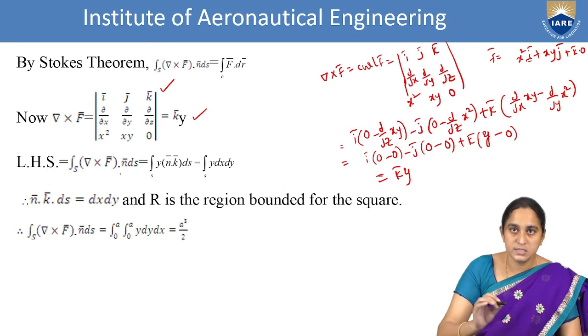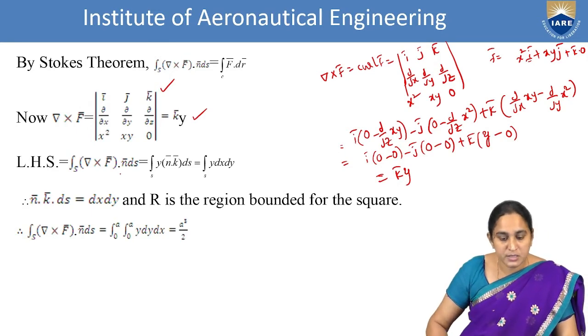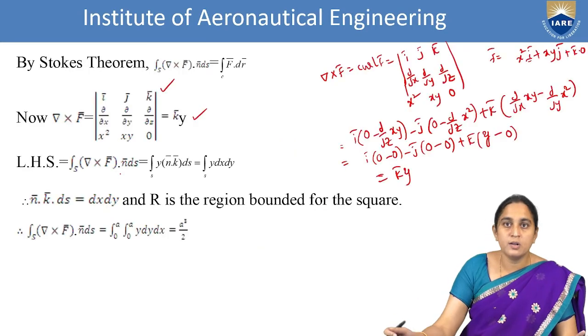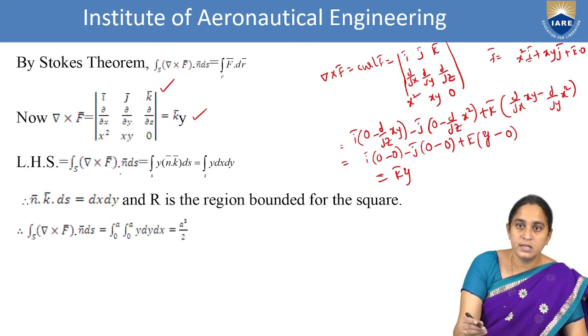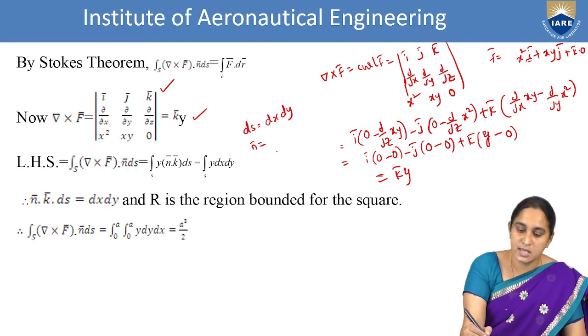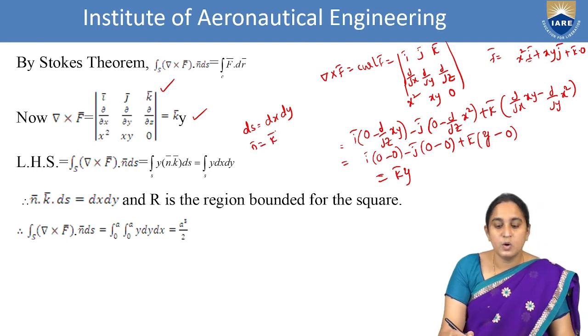Why? Because from the given conditions, z is directly 0. That means it is completely in the xy plane, right? For that case, ds is equal to dx dy, and the outward unit normal vector is k bar. So n bar is equal to k bar.